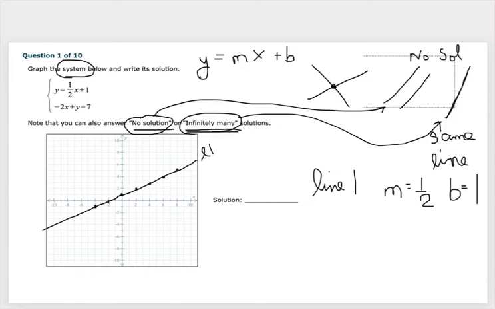Line 2 is not in slope-intercept form, but we could put it in slope-intercept form pretty easily. We could get the y by itself by adding 2x to both sides. So let's add 2x to the left, and let's add 2x to the right. Okay, so we're going to have on the second line y equals. These two are going to cancel.